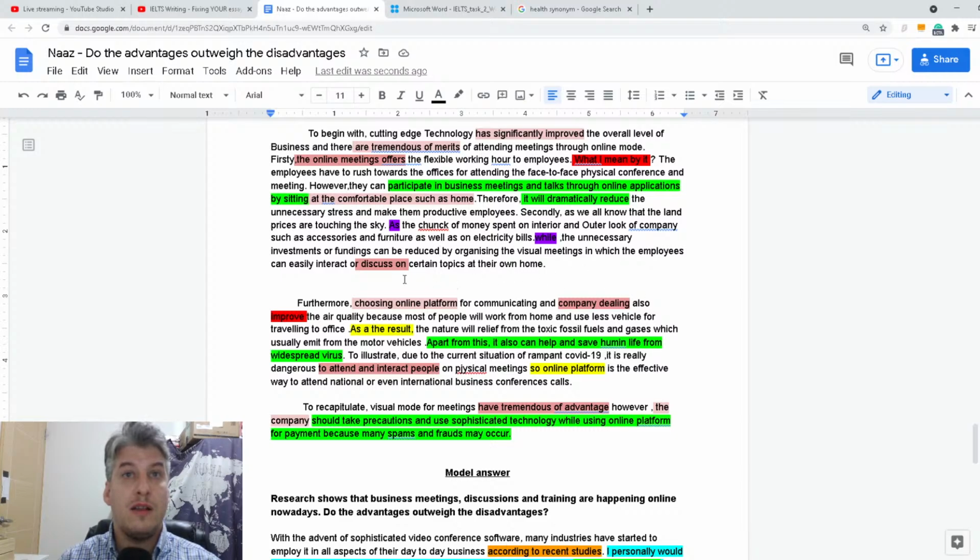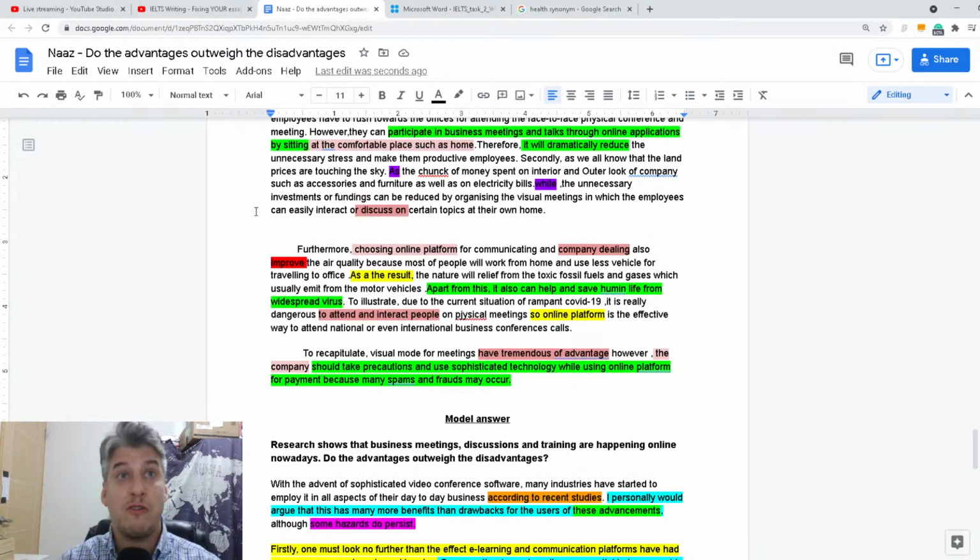So looking at the second paragraph for grammar and grammatical accuracy. So here it says, furthermore, choosing online platform for communicating and company dealing also improve. So here we should say choosing online platforms, plural, and company dealings, perhaps company business, also improves.